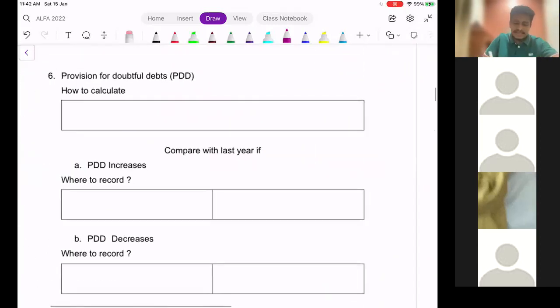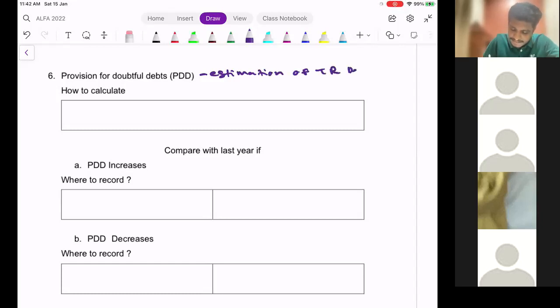What is a PDD? Estimation of trade receivable debts that cannot be collected, or estimation of the trade receivable debt that will become irrecoverable.